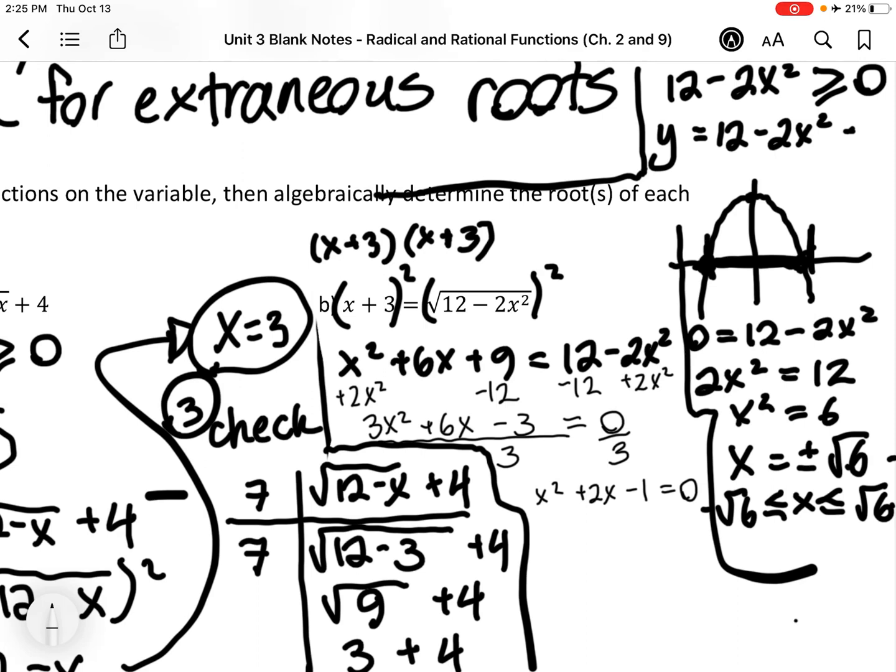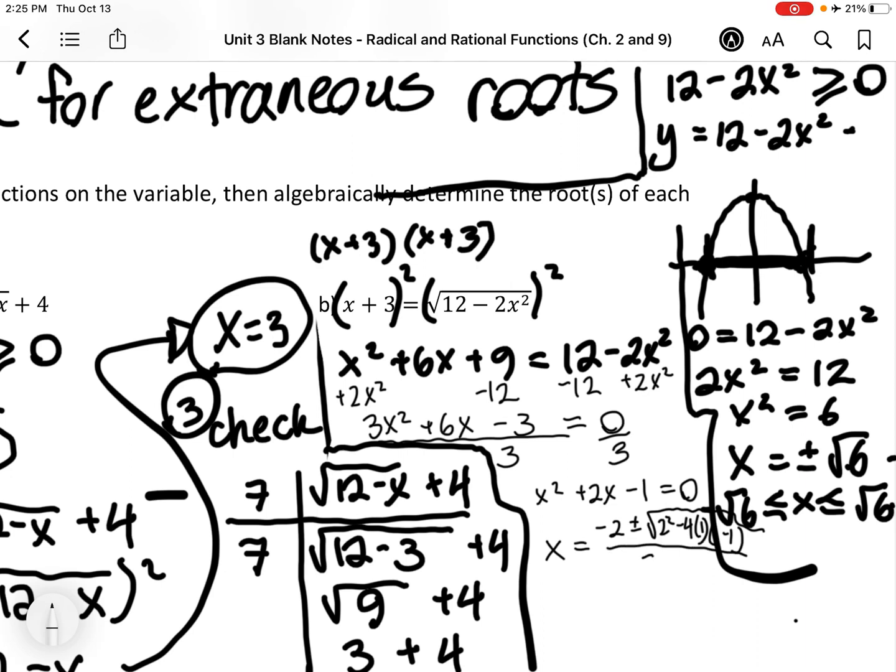So my solution to this type of equation is x equals, the quadratic formula, x equals minus b plus or minus root b squared minus 4ac, all over 2a. So negative b, that's minus 2, plus or minus the square root of b squared, 2 squared, minus 4 times 1 times negative 1. I'm really running out of space here. I apologize.